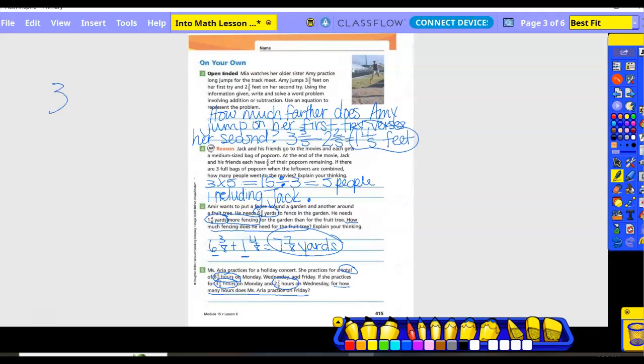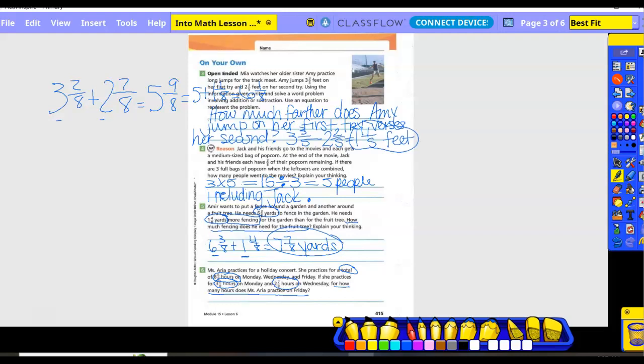Yep, 3 2/8 plus 2 7/8. Okay, so what is that? So 5 9/8, which equals 5 plus 1 1/8, which equals what? 6 1/8. Okay, so we got 6 1/8 for that.